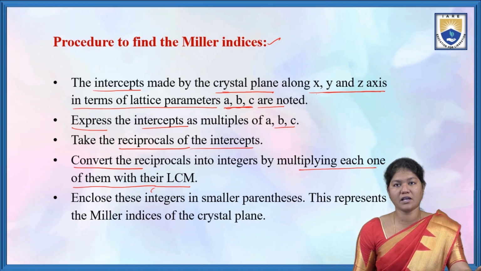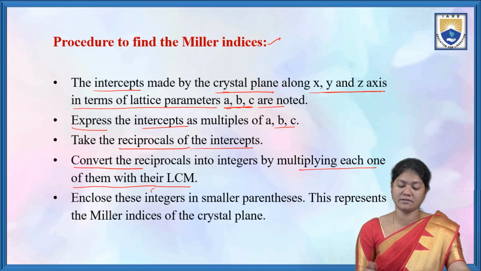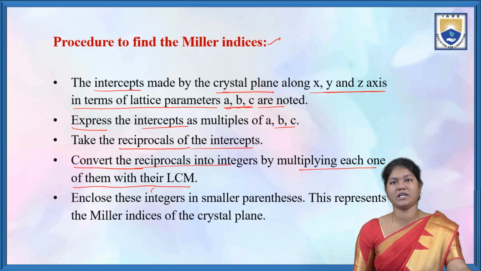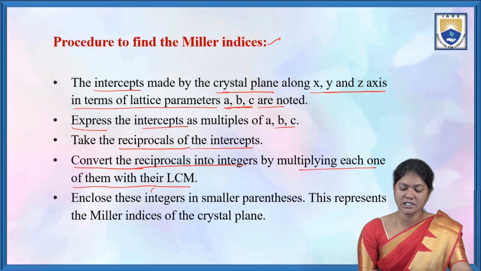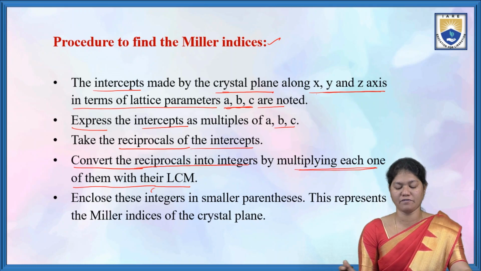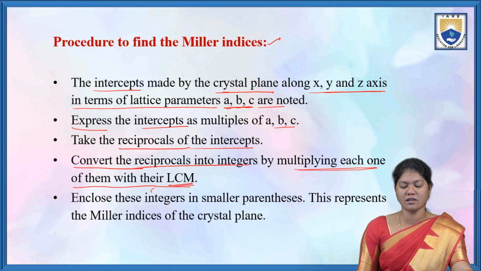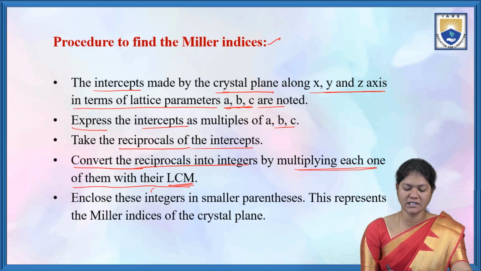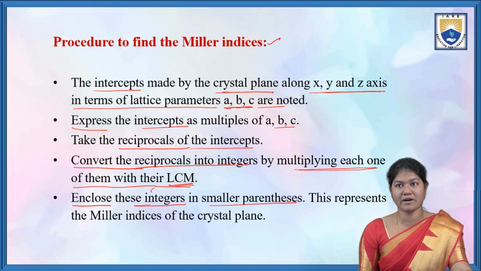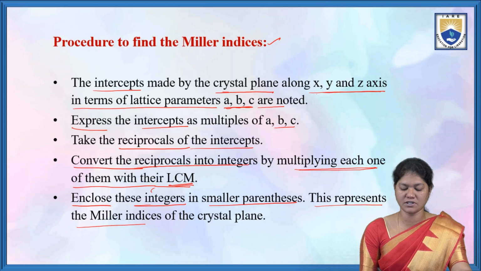We can convert these reciprocals into integers by multiplying each one of them by the LCM. Then finally, enclose these integers in smaller parentheses. This represents the Miller indices of the crystal plane.